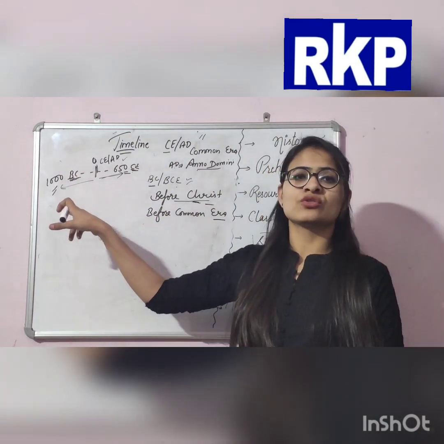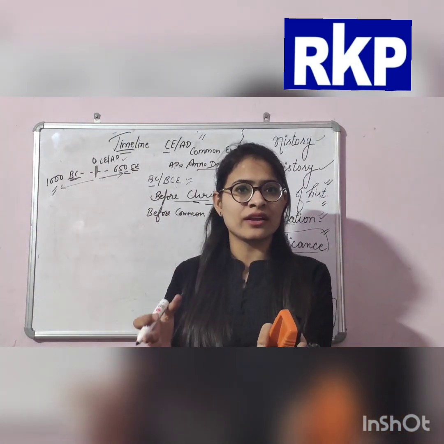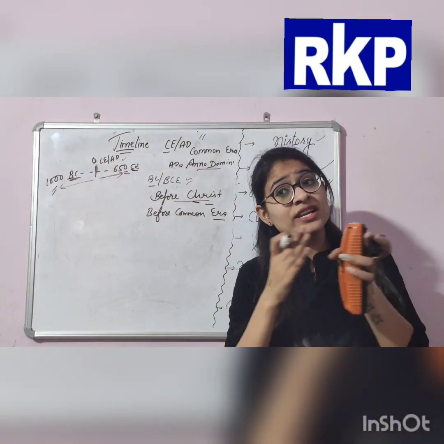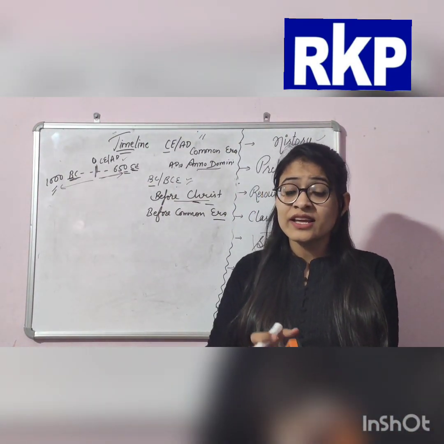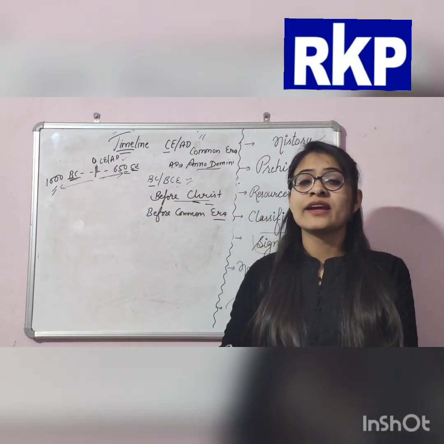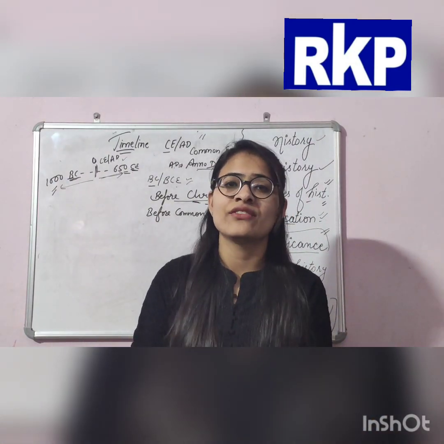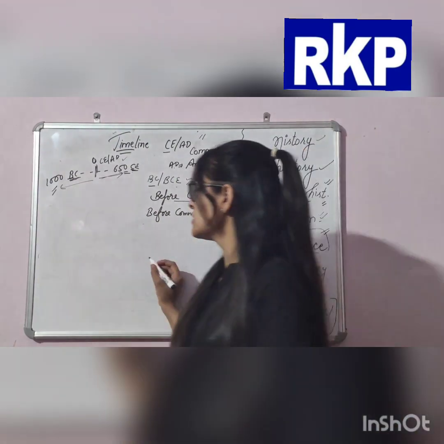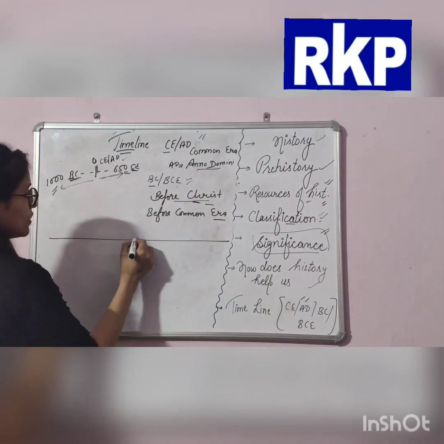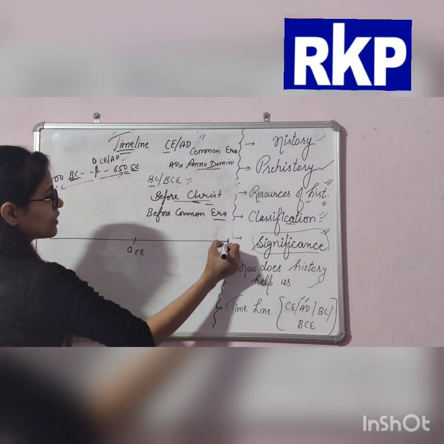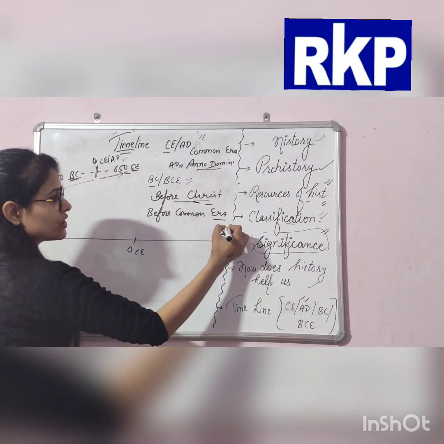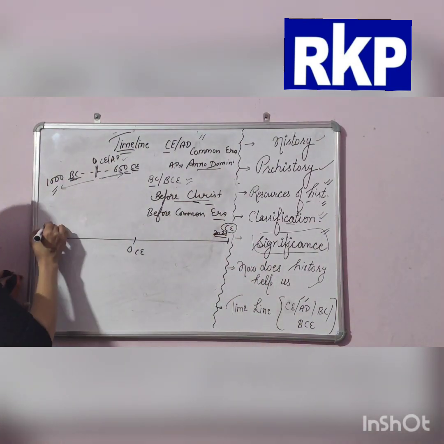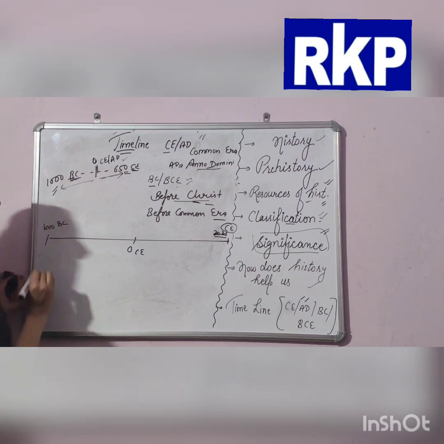But before the birth of Jesus Christ, 1 was subtracted after every year. Like we are talking about 1000, so the next year was 999, then 998, then 997, and following this pattern we came to this 0 CE, and we are in 2021 CE or AD, you can write either one, and this is 1000 BC.